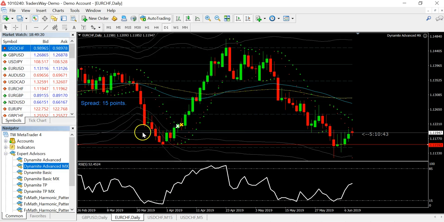So here's a quick example. The basic, you're around here, whatever indicators you're using lines up, looks like you're ready to go. You just want to drop the EA on there and wait for the SAR flip. So you would use the basic or the advance because the SAR is not flipped yet.